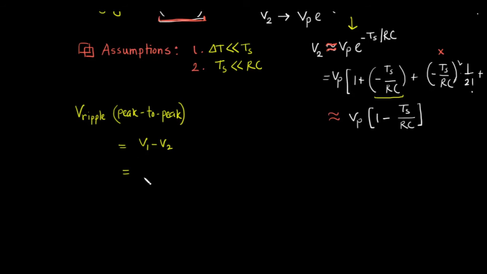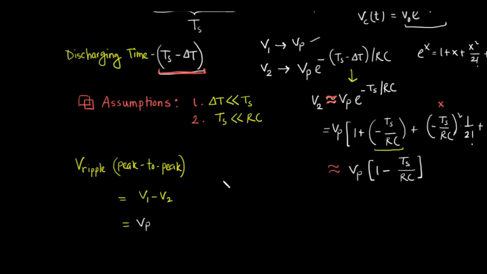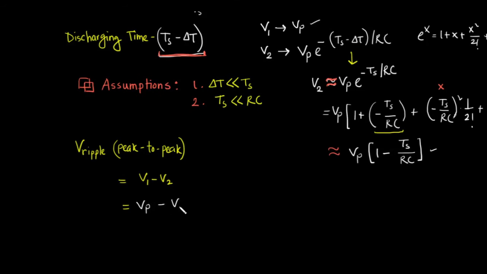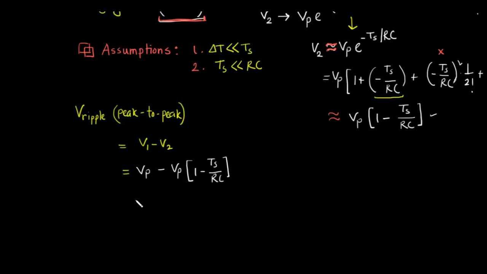The value of V1 will be Vp, as we had seen earlier, and V2 is Vp minus Vp times 1 minus Ts by RC. If you do the calculation, the final result is going to be Vp times Ts by RC.